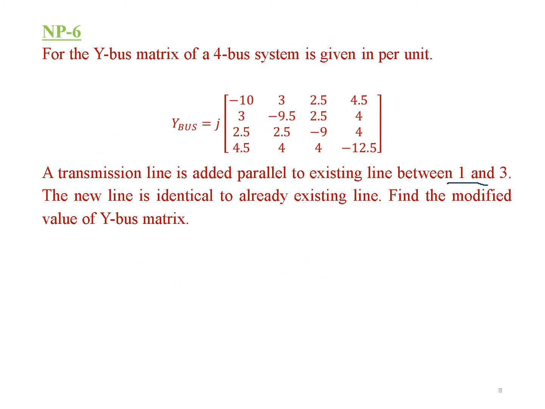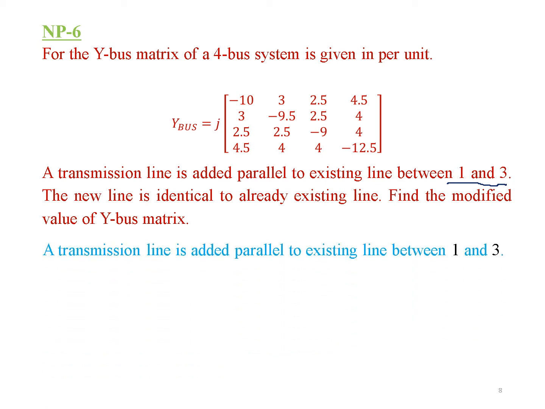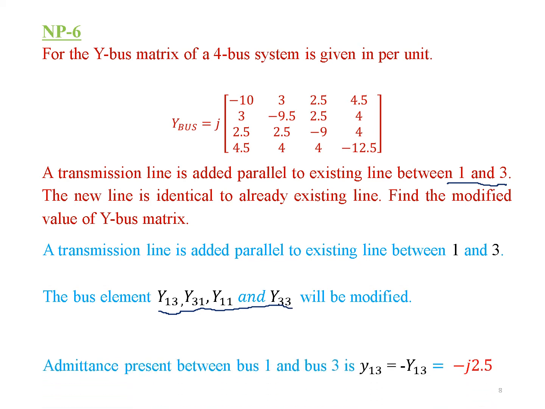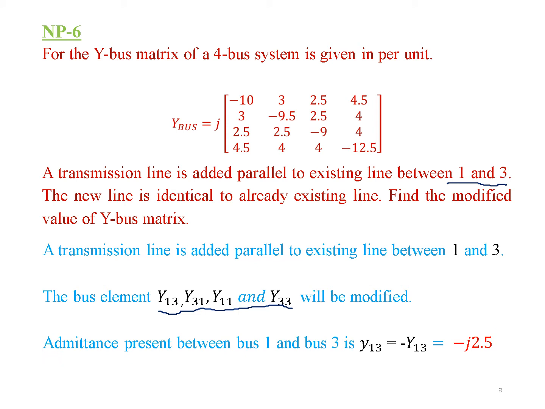Here the new line is connected between 1 and 3. So the elements which will be modified are Y13, Y31, Y11 and Y33. One by one we have to identify the admittance existing between bus 1 and 3, which is equal to minus j2.5.